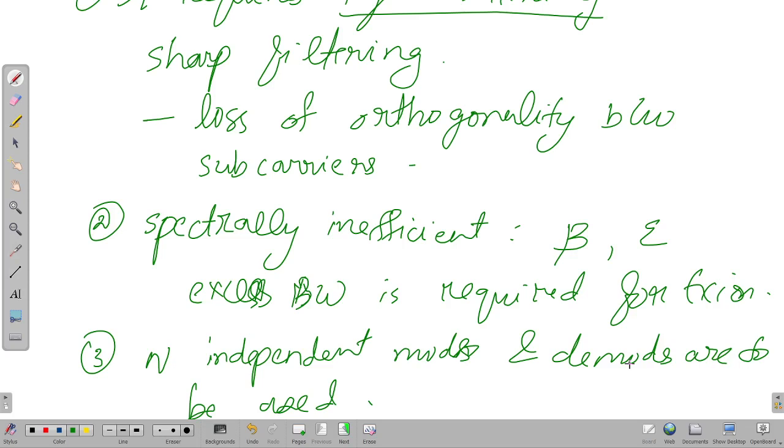What if N is a large number? N is usually a large number in order to make the bandwidth of the subcarrier much less than the coherence bandwidth. In general, this value of N is very large. Suppose N is 64, then you need 64 modulators and demodulators. It is very difficult to keep so many communication chains in a particular multi-carrier transmission.